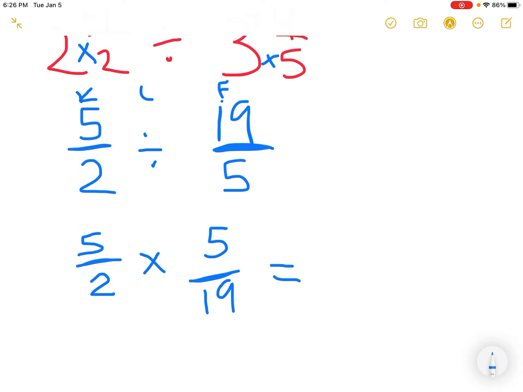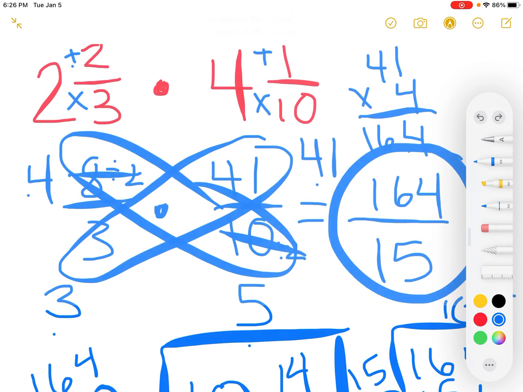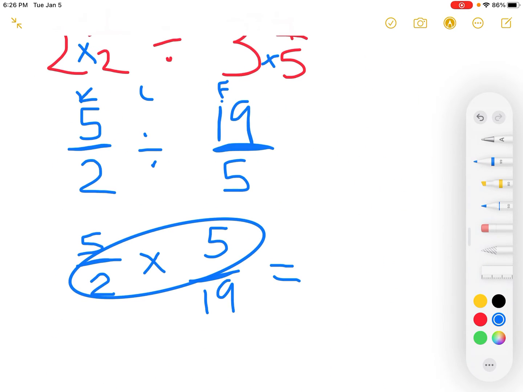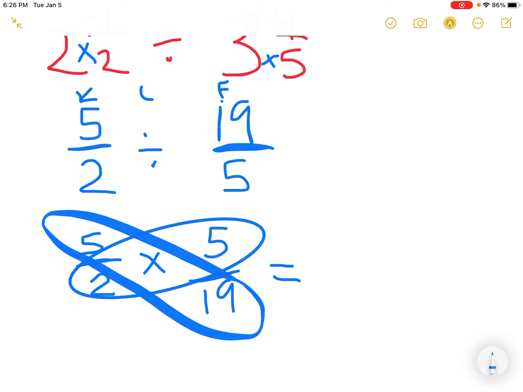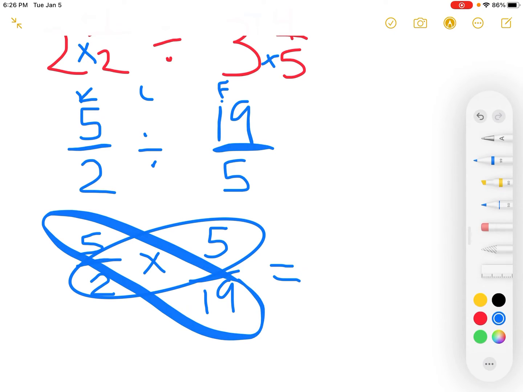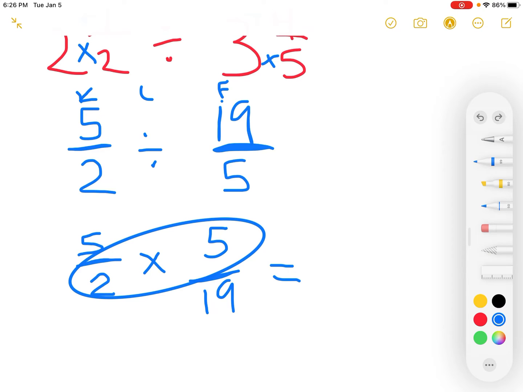You could look at your diagonals to see if there's anything you can simplify here. 5 and 2 cannot simplify. 5 and 19 cannot simplify. So neither of those can be simplified by the diagonal, so that means I'm just going to multiply straight across.